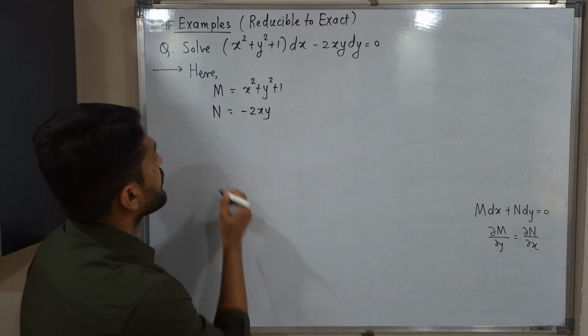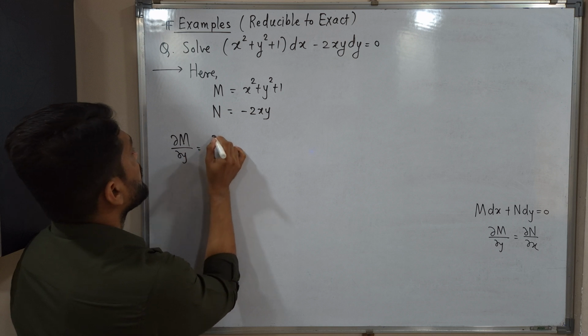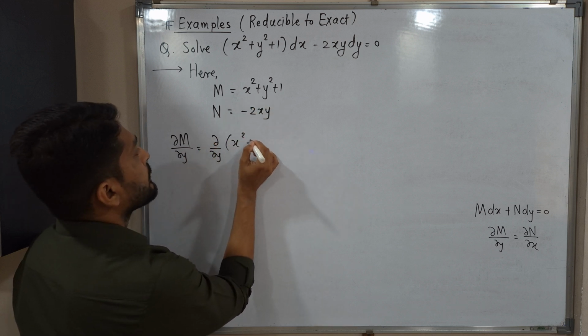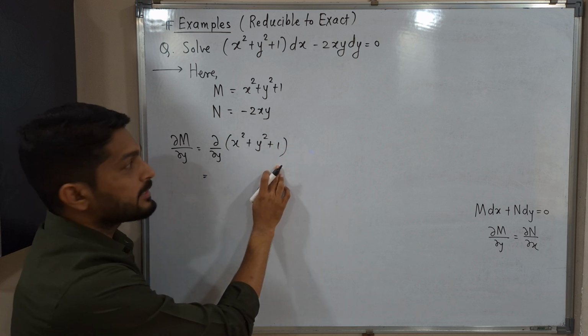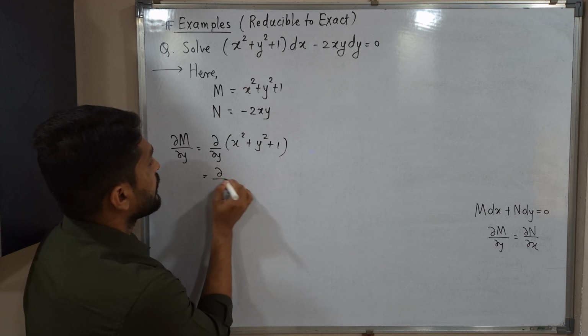Let us check. So partial M by partial y, derivative of M with respect to y. So x square plus y square plus 1. You can easily see there are three terms separated by addition. So I will take separate derivatives.